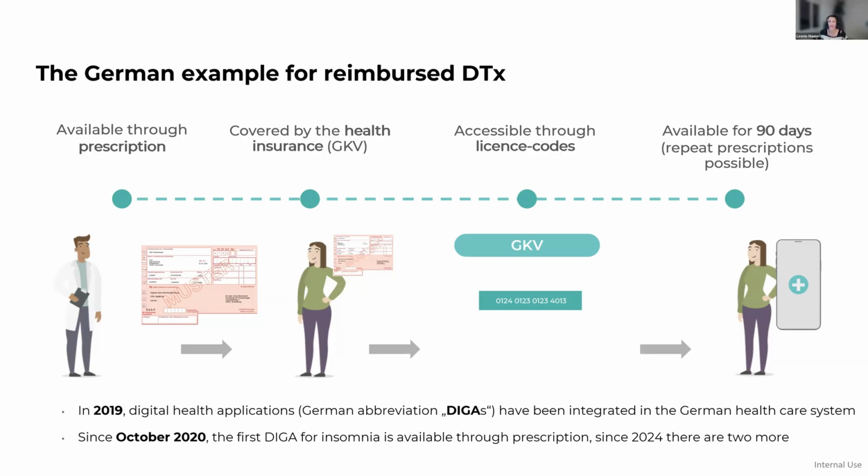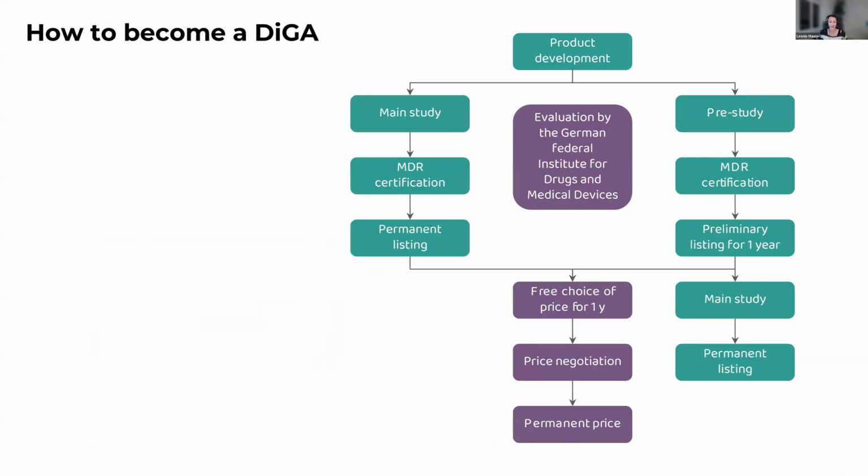And how does an app or a product actually become a DiGA? Not every app can just be reimbursed by the healthcare system. It's quite a long process. Once the product is developed, it needs to go through a clinical trial, and that can either be a pilot study or a full RCT. In most cases, the pilot is already an RCT, and the other RCT is just an even bigger RCT.